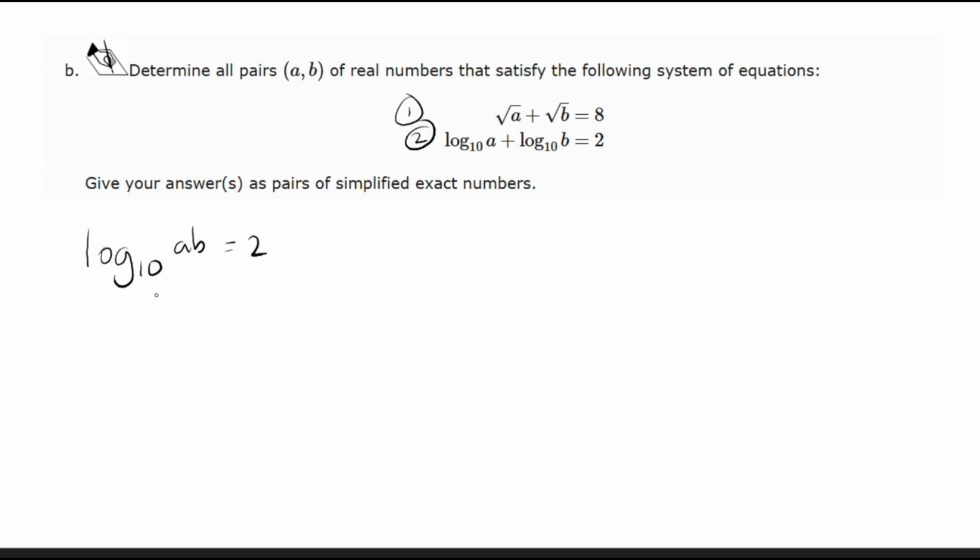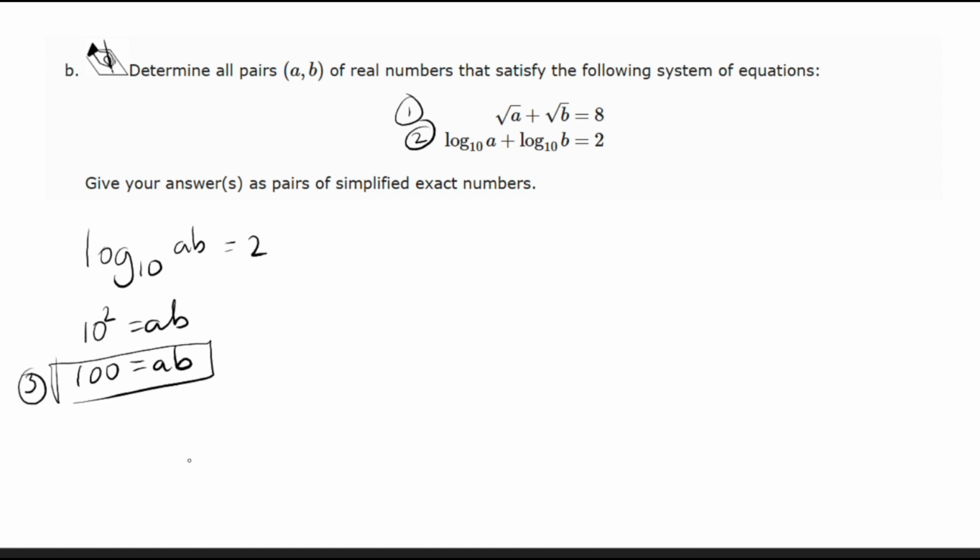So 10 to the 2 must become our value AB. So 10 to the 2 equals AB. 100 equals AB. Okay, so that is our simplified version of equation 2. We can call it 3 in case we need the second one.